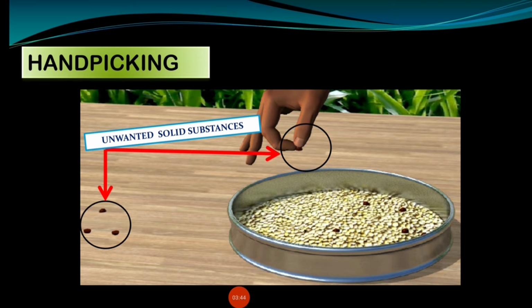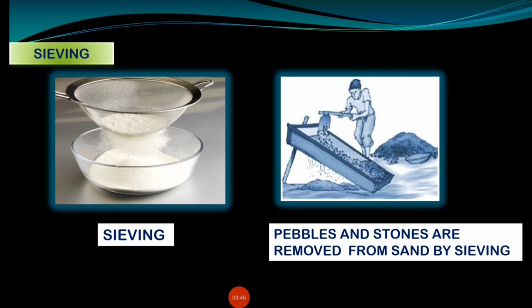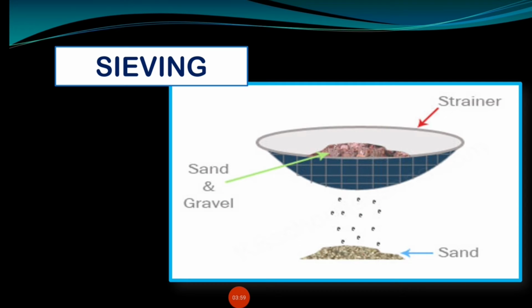Now the second one is the sieving method. Sieving is a method of separation of particles of different sizes by using a sieve. A sieve is like a net which has holes.